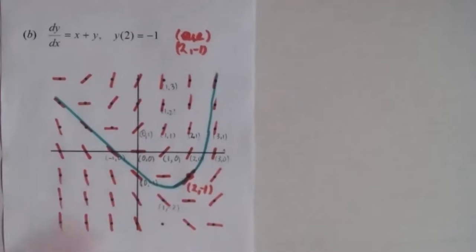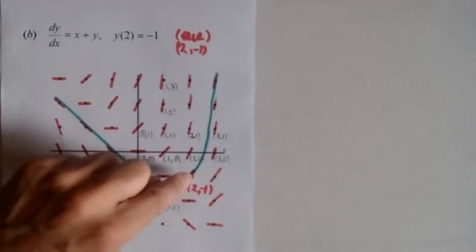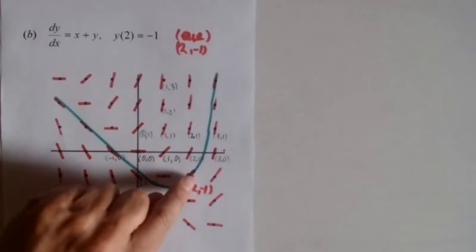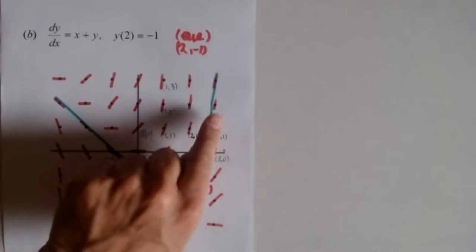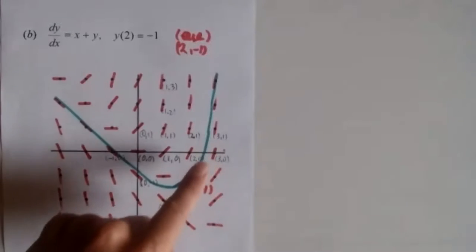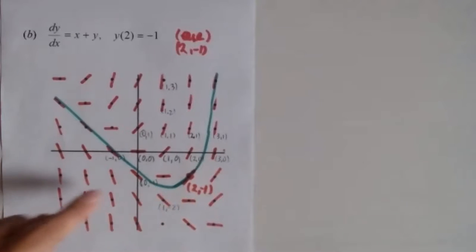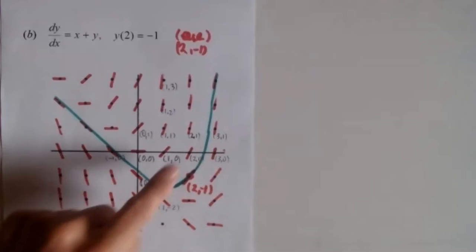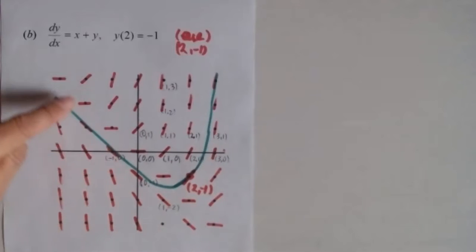Once you have the directions, the slopes go in this direction, so the curve has to go in this direction. And this other one cannot cross like this, it would crash into the wall. So you have to follow the wall, right? So it's going to be asymptotic to that line.